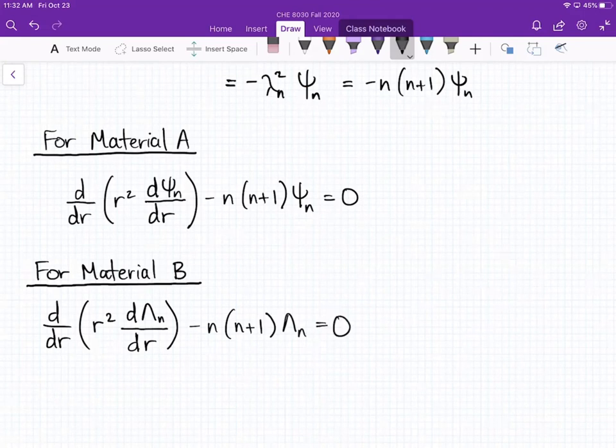Okay, so those become our two newly transformed differential equations. These particular equations are known as equidimensional equations, or equidimensional, however you pronounce it.